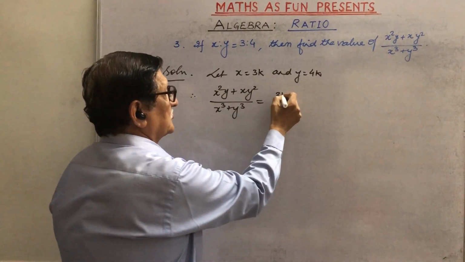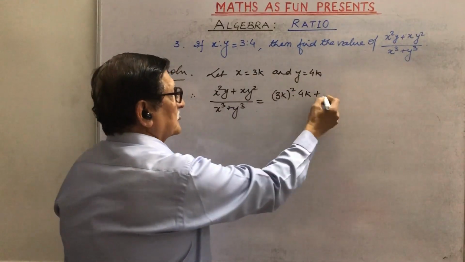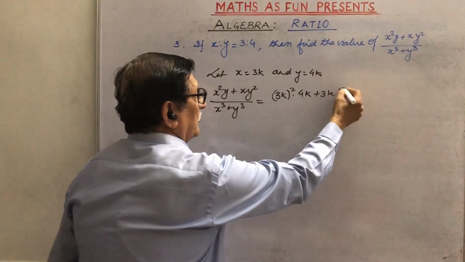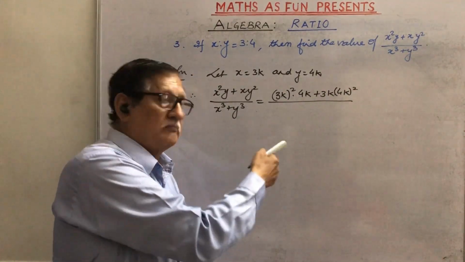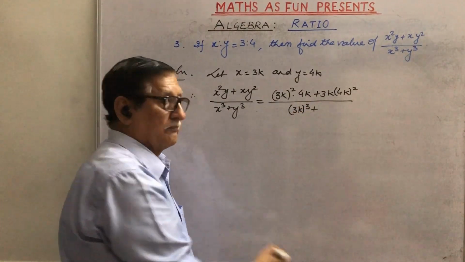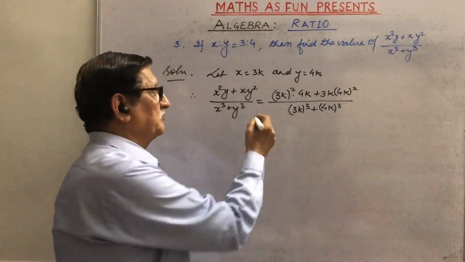x square y plus xy square divided by x cube plus y cube is equal to x, that is (3k) square, into y, that is 4k, plus x, 3k, into y square, means (4k) square, divided by x cube, that is (3k) cube, plus y cube, means (4k) cube. And we simplify.